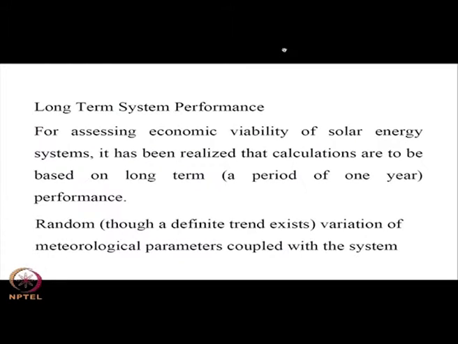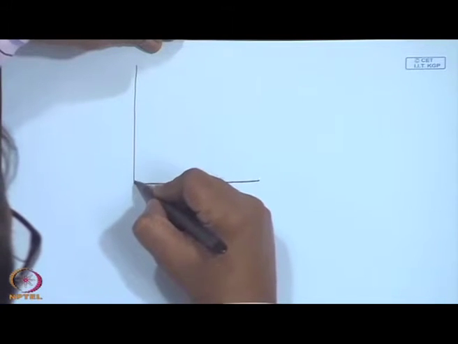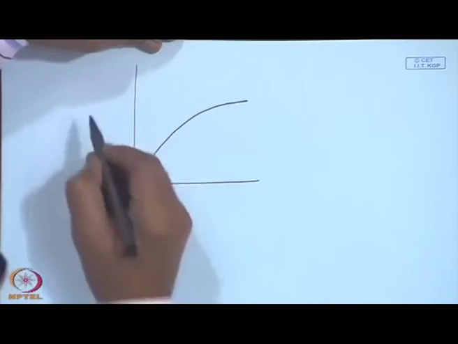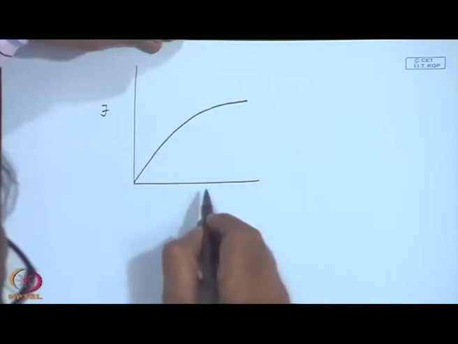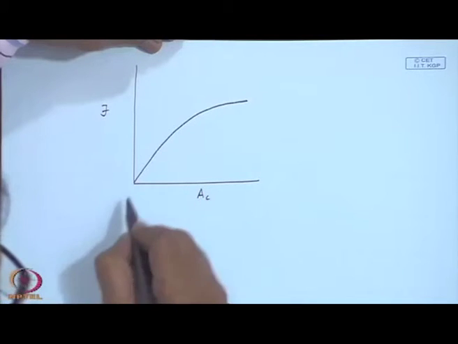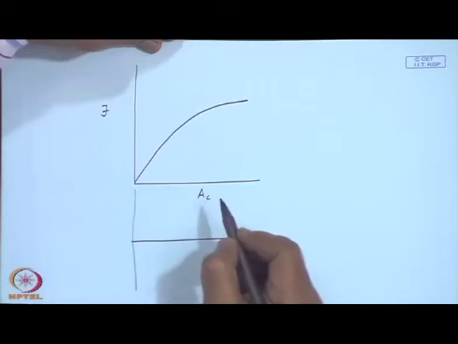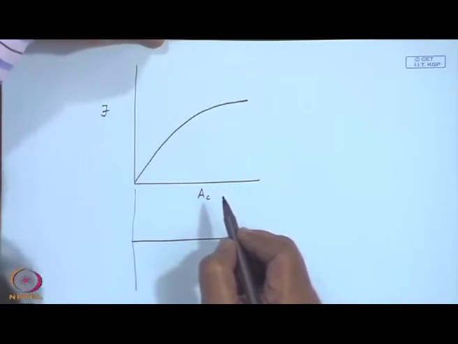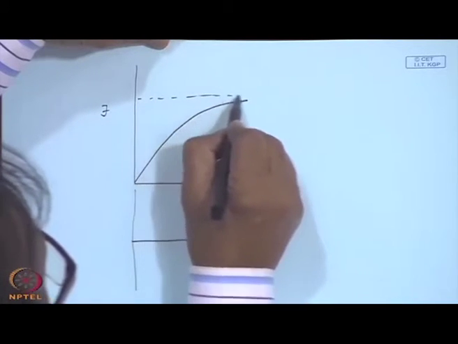So, what we try to do is we play on this non-linearity. So, this is F and this is area. I would like to pick up the best area, though we will come to economics if time permits a little later.